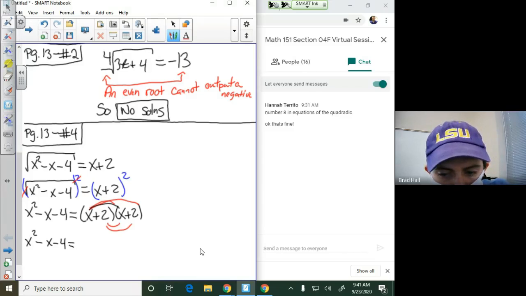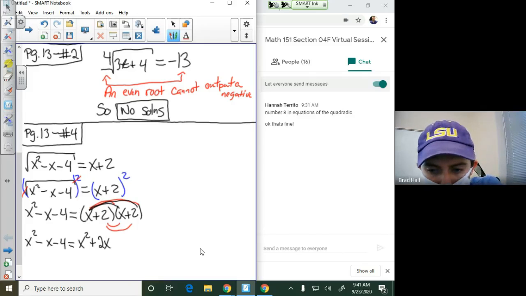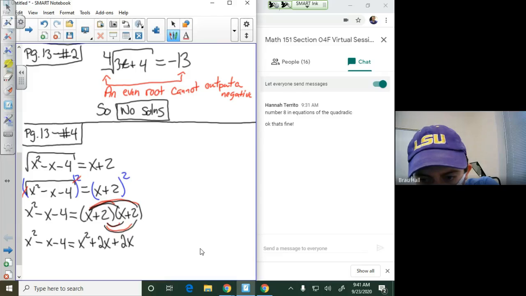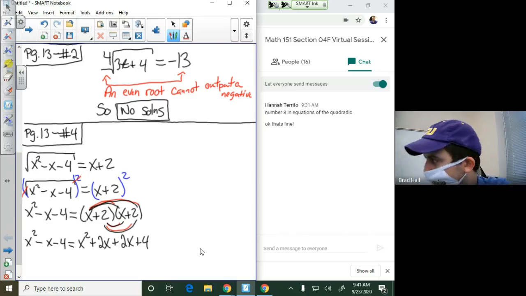So x times x is x squared. X times 2 gives us a 2x. 2 times x is another 2x. Then 2 times 2 is 4. So just foiling it.